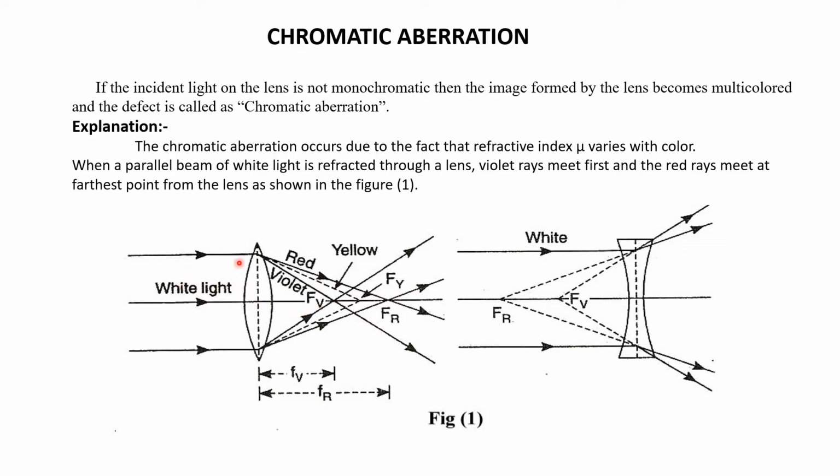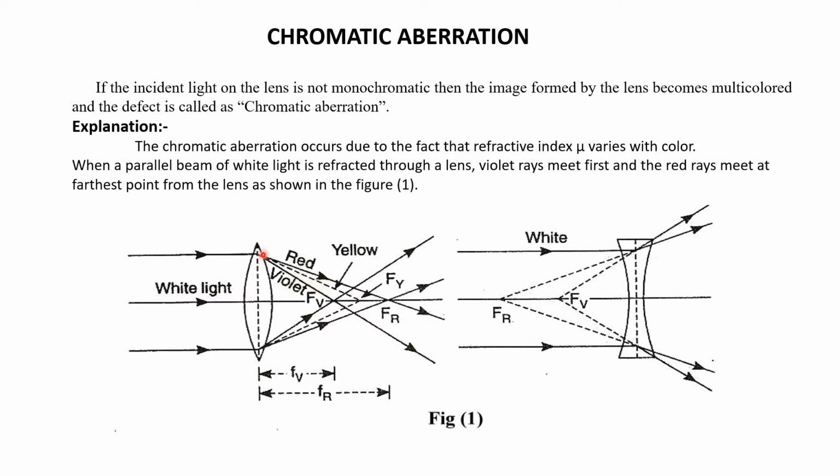So, when the light is allowed to pass through a lens, then dispersion occurs, which means the multicolored light splits into its constituent colors. In case of white light, we can observe the VIBGYOR colors. In that, the extreme colors are violet and red. Hence, we are considering these two colors here. Other colors are in between.